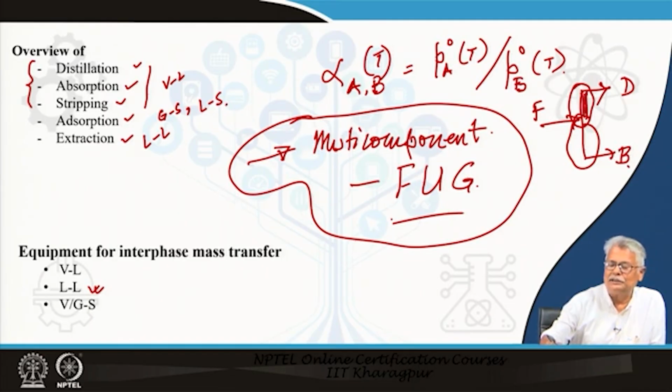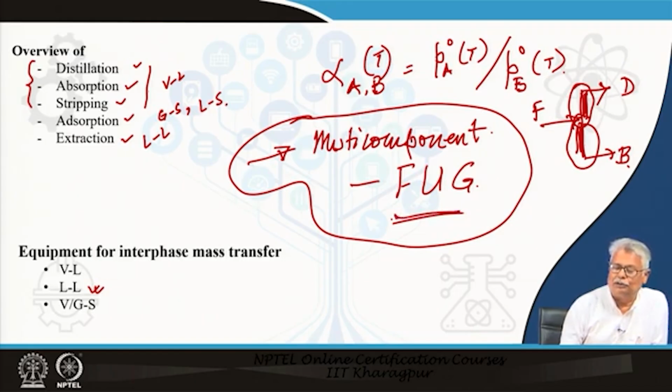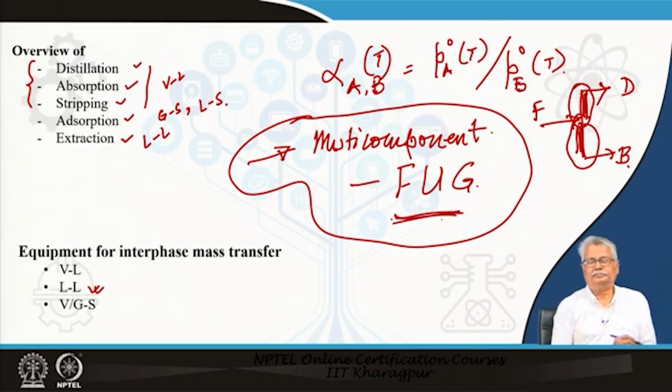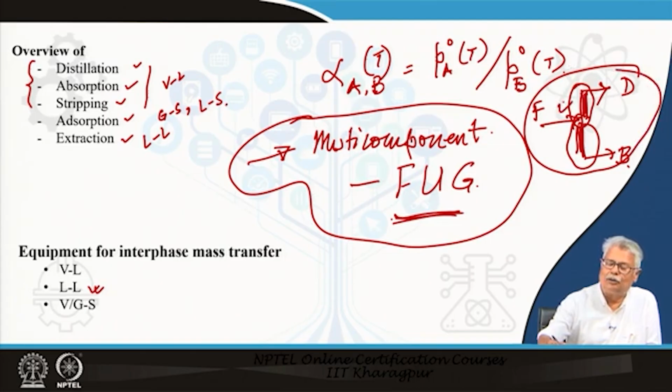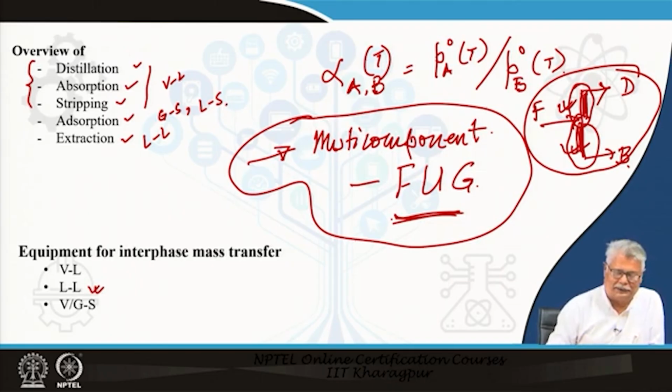The upper portion is one column and the lower portion is the second column, and you can apply the FUG method here also. Here the operation is of enrichment and here is that of stripping. So, your absorption and stripping can both be handled this way.